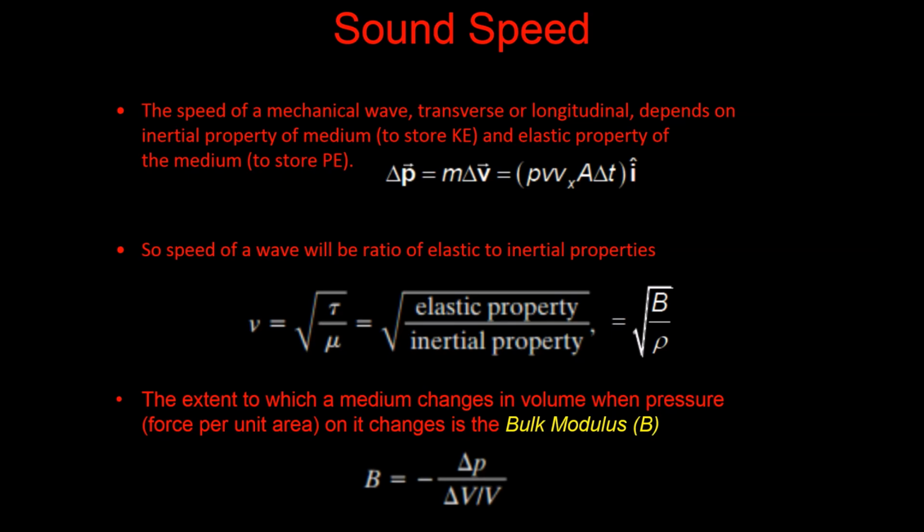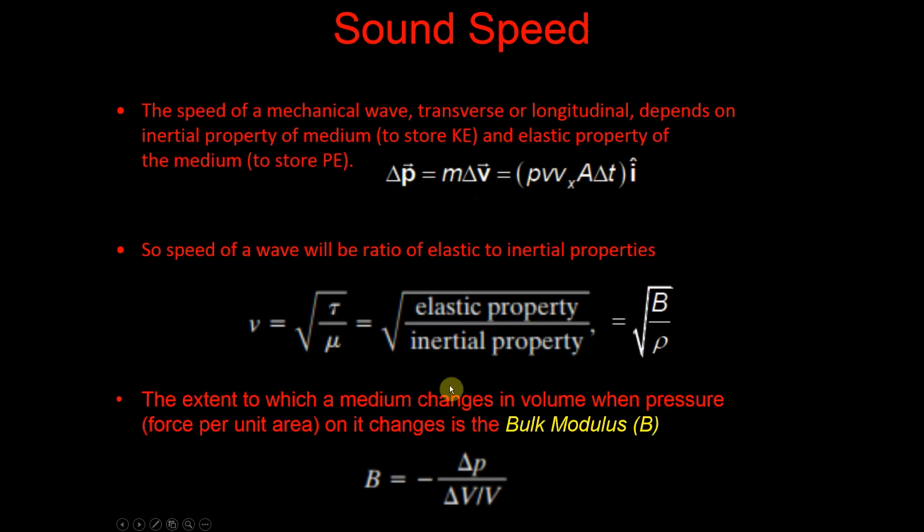So here we're looking at that inertial property, and delta P, our change in pressure, will be equal, well, the change in momenta here of an individual particle will be equal to m delta v, where this is a velocity, and this will equal to rho v times v in the x direction, a delta t.